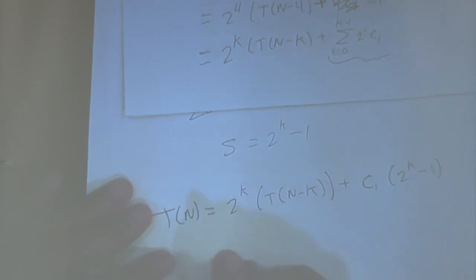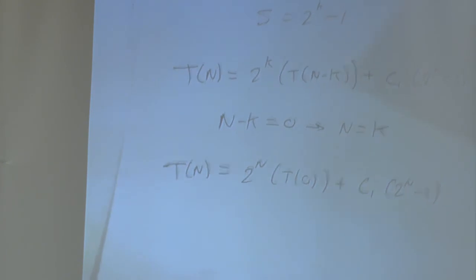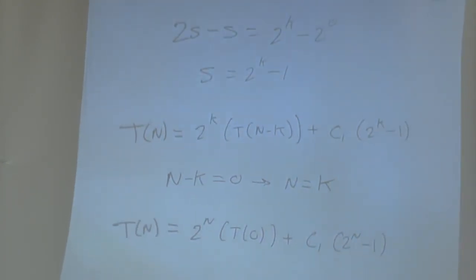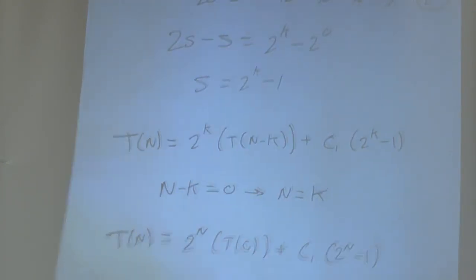If k equals n, that gives us T of 0. So if we see a k, we put an n there. Then our new equation will become 2 to the n times T of 0 plus C1 times 2 to the n minus 1. Does anyone see that?